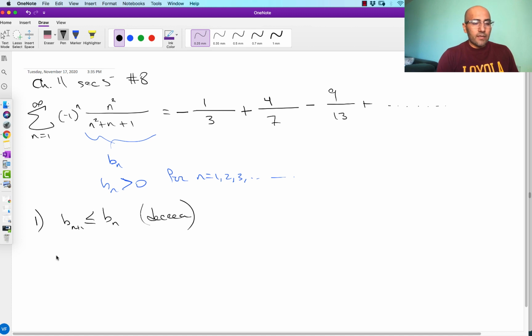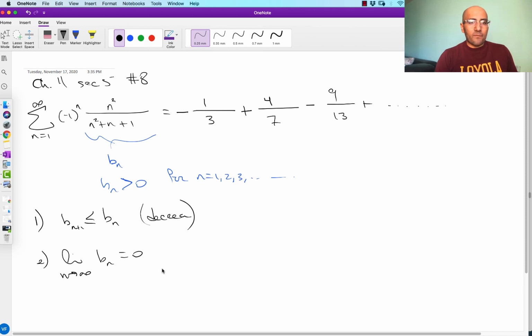And number two, we have to show that the limit as n goes to infinity of b sub n equals 0. Often one of them is easier to show than the other. And if you can show that one of them fails, then you're done. The alternating series test is going to fail to show that something converges or diverges.